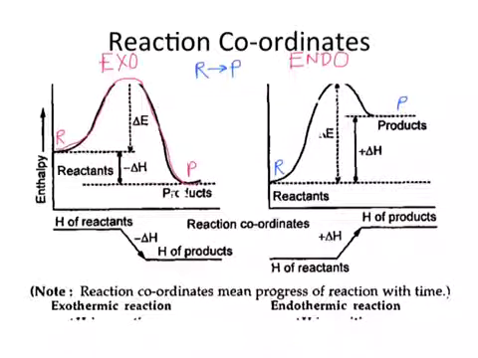The reaction on the left is a downhill graph. You can see that the products are lower in enthalpy than the reactants are.